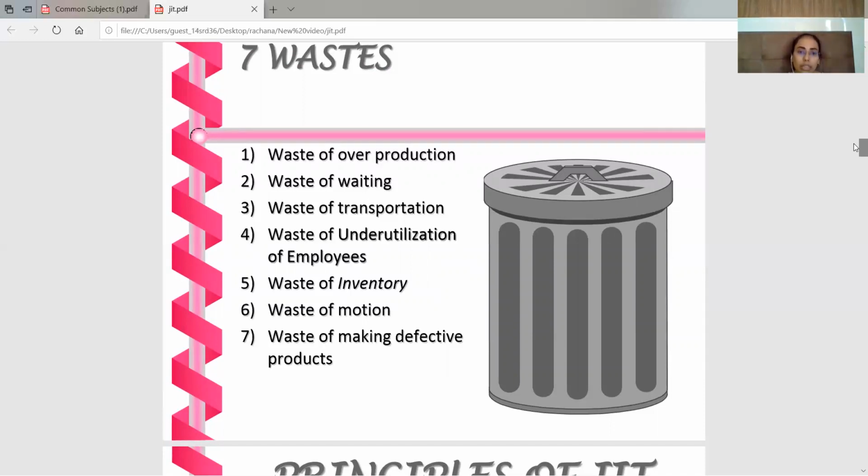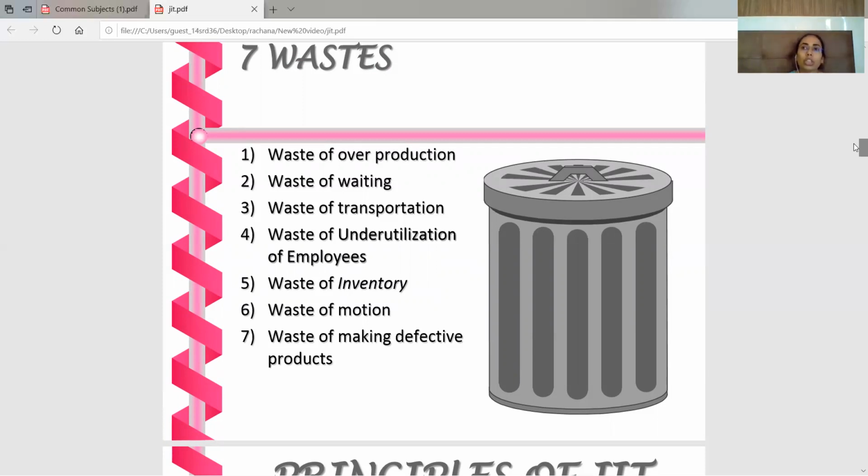Waste of waiting. Waiting time is involved, and time is money in terms of the just-in-time concept. As much as you wait for orders, the time involved in the waiting process is a wastage.